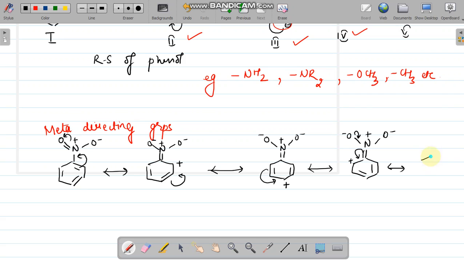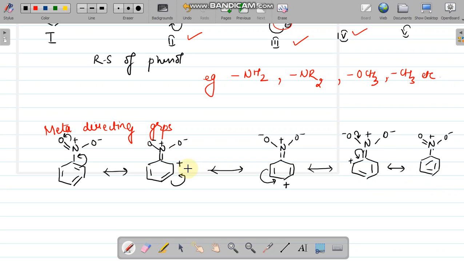And its next resonating structure will be what? Nitrogen, oxygen plus. Double bond will be here and here. This will be its resonating structures.